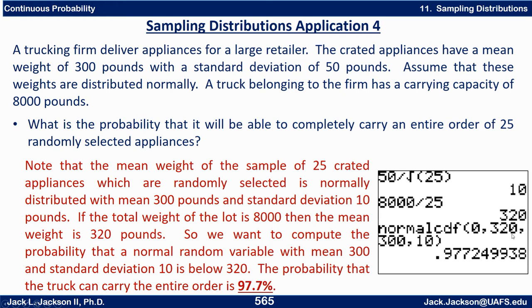So from 0 to 320, mean of 300, standard deviation of 10, that's 0.9772, etc. So about 97.7% of the time, that truck will be able to carry an entire order of 25 appliances. So most of the time, a few times not, but almost all the time, 97.7% of the time.